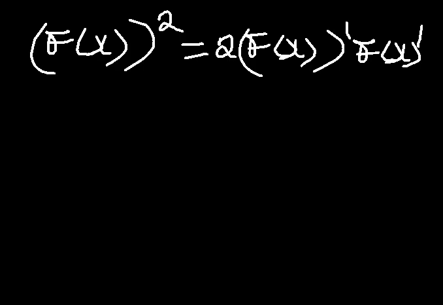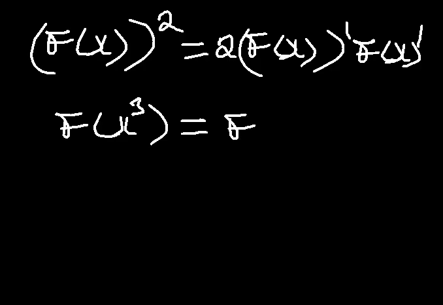Let's say if we have f of x to the power 3, then the derivative of this function will be done using the chain rule as well: the derivative of the outer function, times the derivative of the inner function, which is given as 3x squared. We'll have that. That is for some cases.